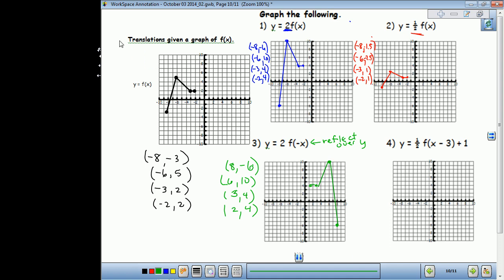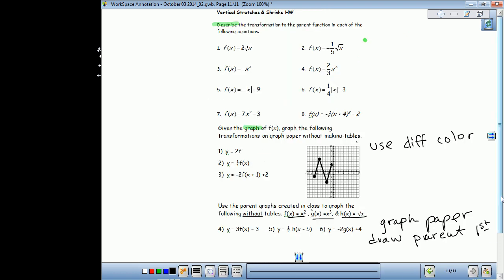Okay, and this last one, guys, I'm actually just going to graph it back on this first one, because this is going to take this vertical compression and shift it right 3 and up 1. So each one of these points would go right 3, up 1, right 3, up 1. The bell's going to catch me, so let me go ahead and tell you.